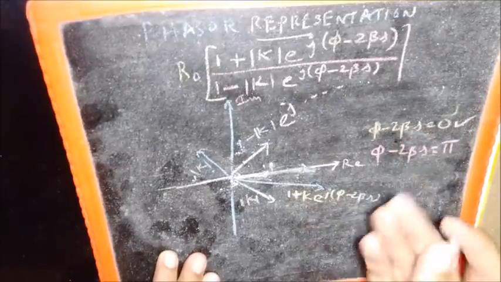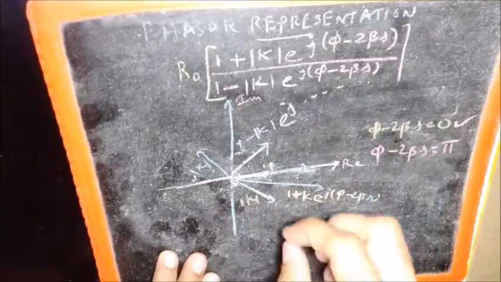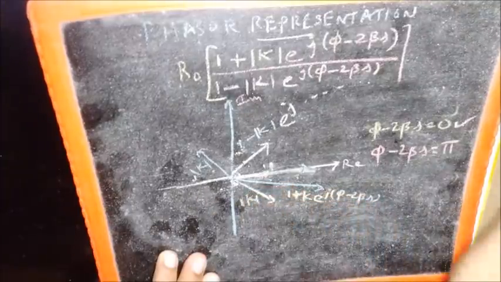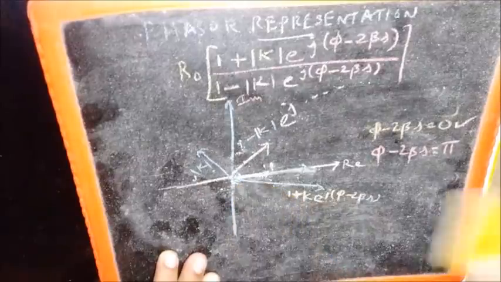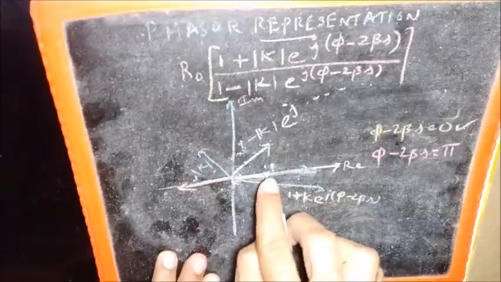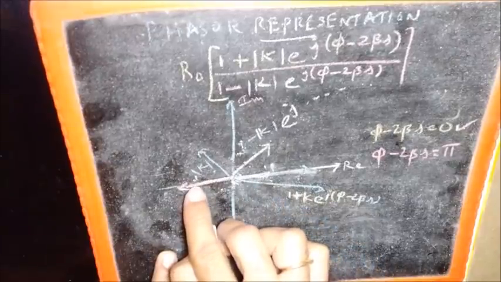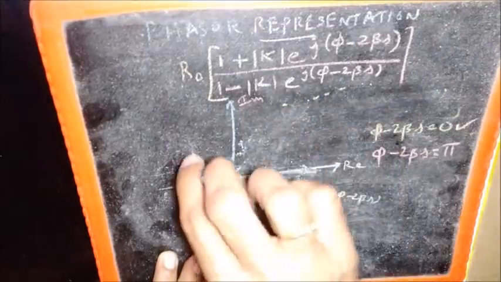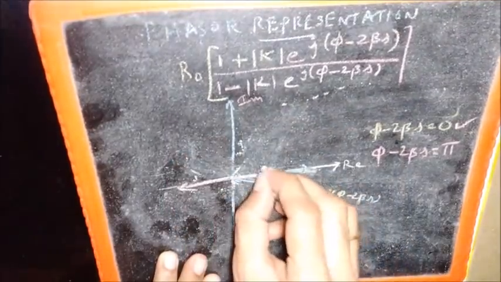We can see that clearly here, because phi minus 2 beta s is pi means this angle becomes pi. That means this will come over here, and simultaneously this will reach here.